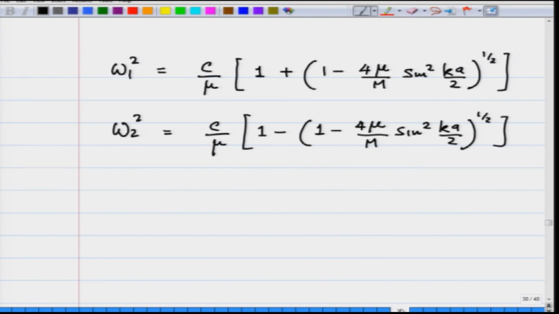Understand that these two omegas are there as a function of k. So, for each k I am getting 2 omegas. What do they mean and how do they look?